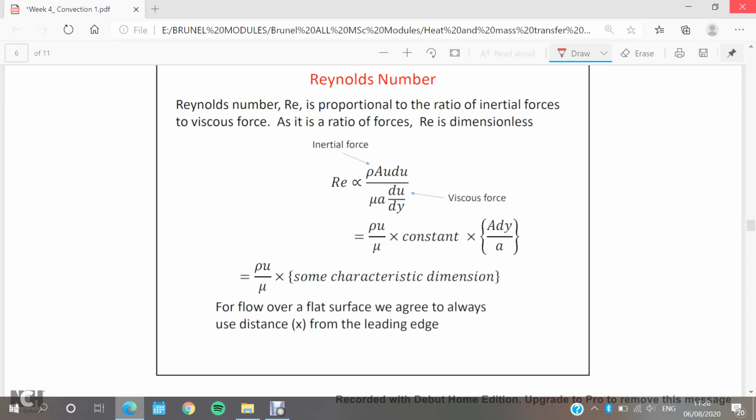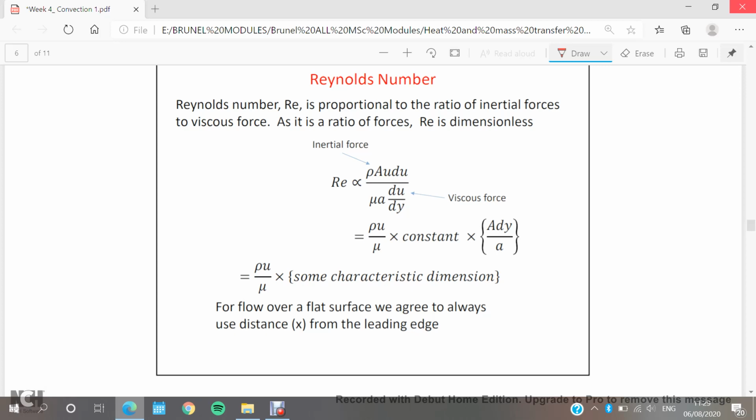In case the inertia force is higher than the viscous force, which means the velocity of the fluid is dominating the flow movement, and it has a quantity much higher than the viscosity, so the Reynolds number will be high and the flow will be turbulent.